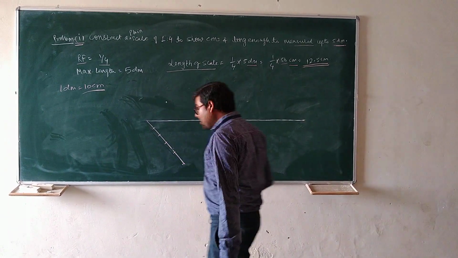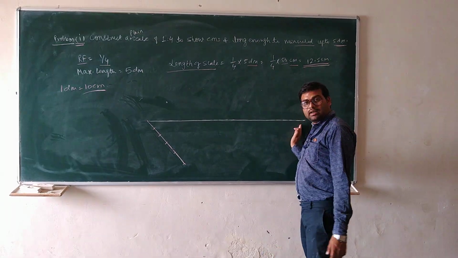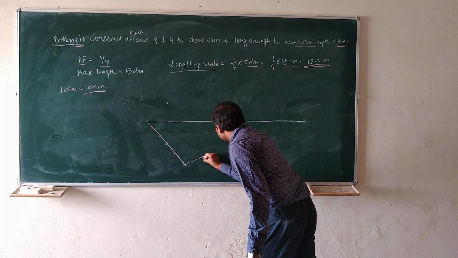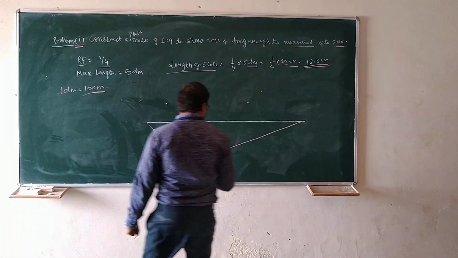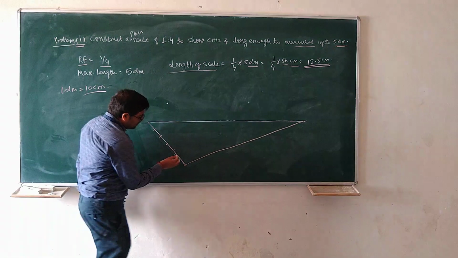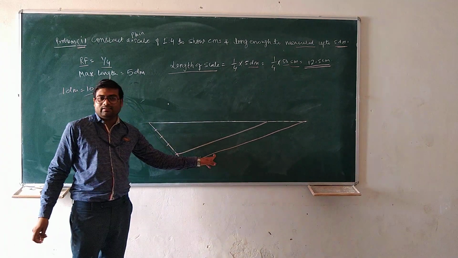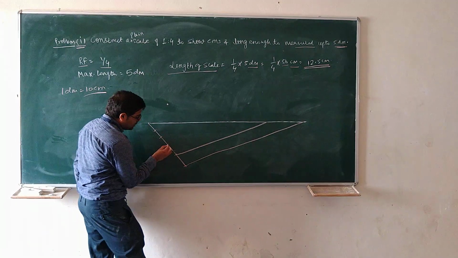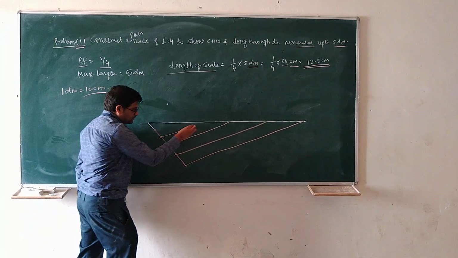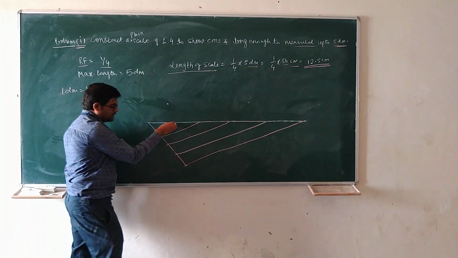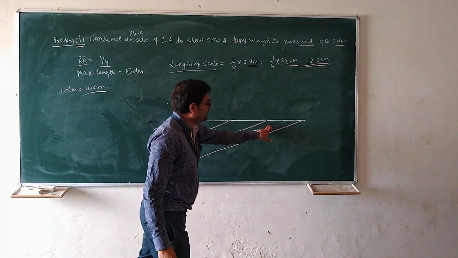After this, you have to join the last point to the other end of the line. After that, you have to draw parallel lines to this line. This is the 5 divisions, 1, 2, 3, 4, and 5.